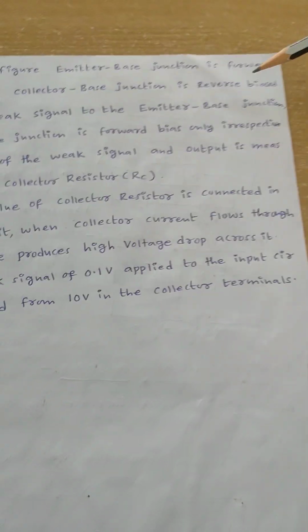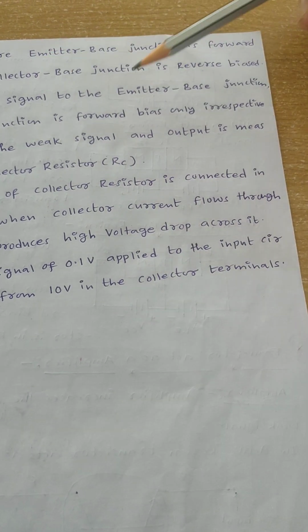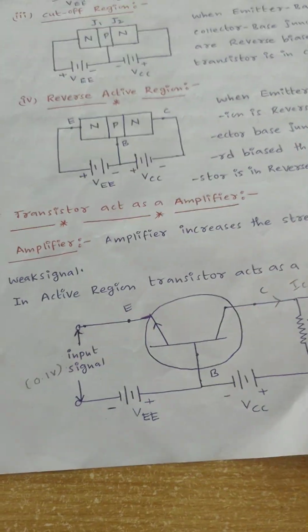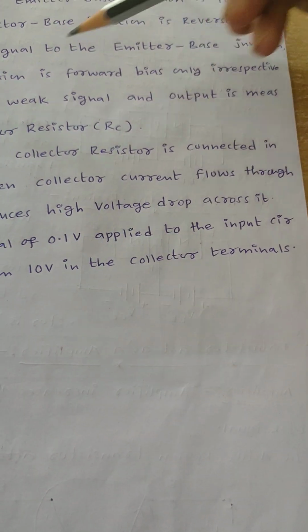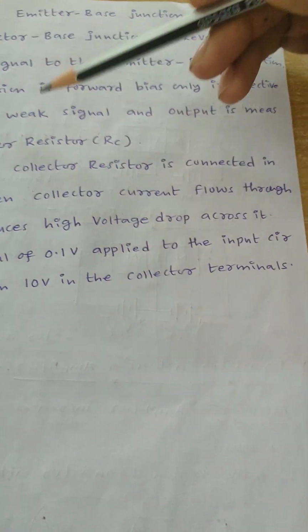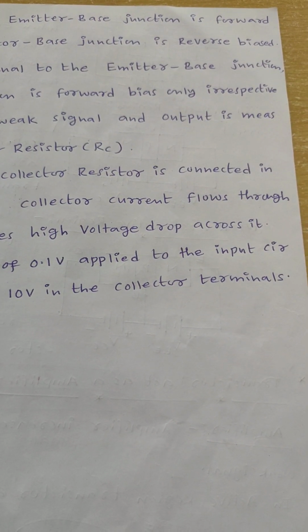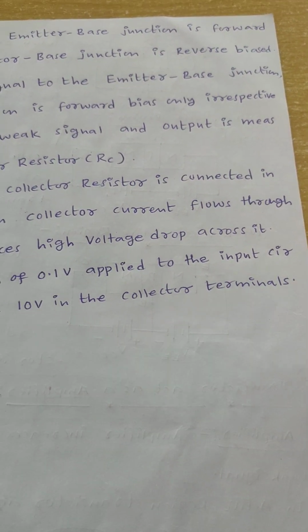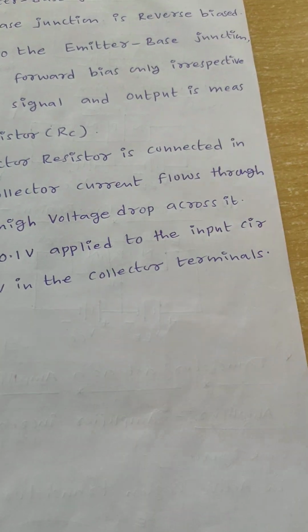See from the figure, the emitter base junction is in forward bias and the collector base junction is in reverse bias. Now I apply a weak signal to the emitter base junction. The emitter base junction stays forward biased irrespective of the polarities of the weak signal, and we do not bother about those polarities because we are applying a very small voltage. By adjusting the VEE supply voltage, it stays in forward bias.